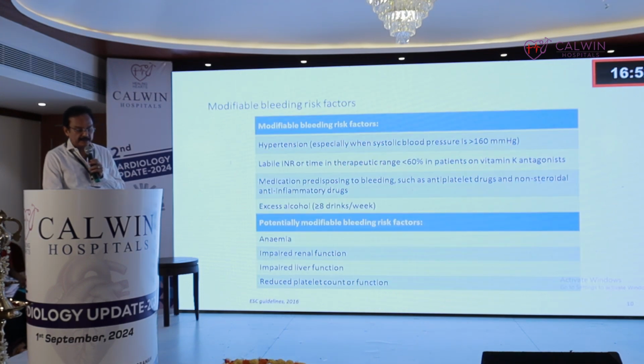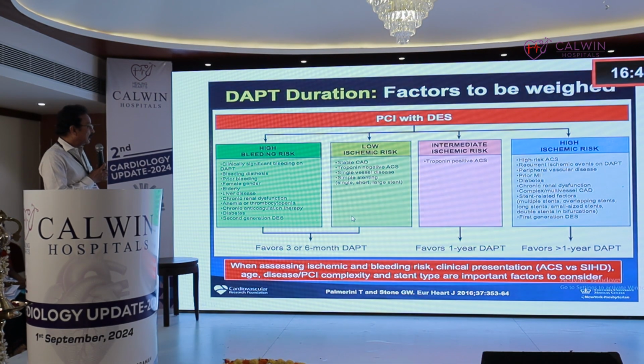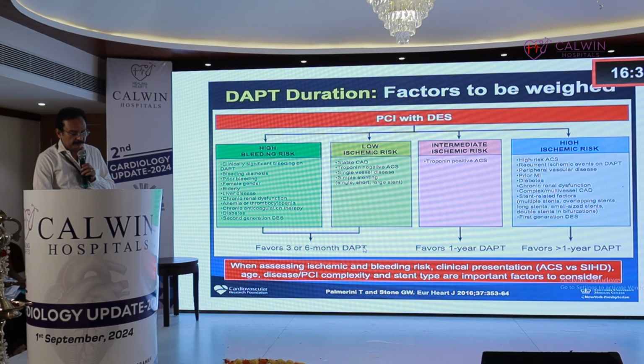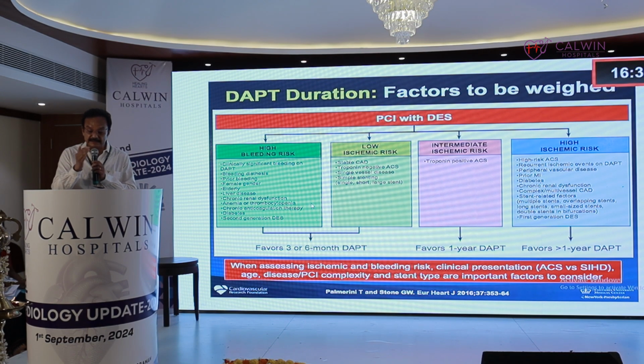So first, when somebody has a bleed, try to look at the modifiable risk factors. There might be so many modifiable risk factors, we will just look into that. And when you look at the DAPT duration, should we give this double antiplatelet for 1 year as recommended by guidelines, or should it be only for 3 months, or 6 months, or lesser than that?